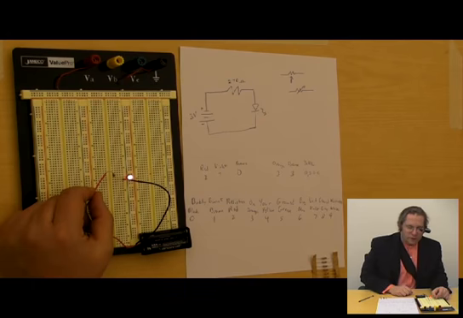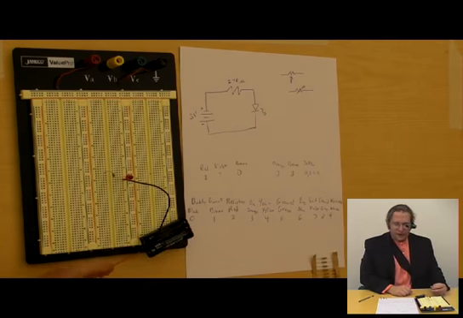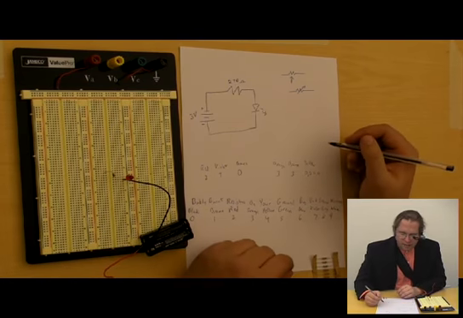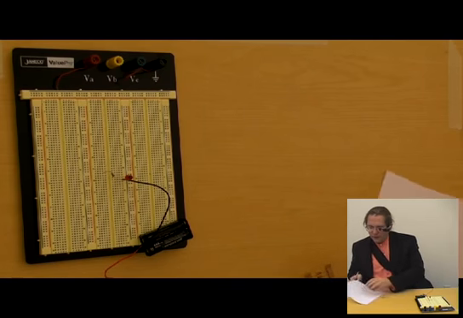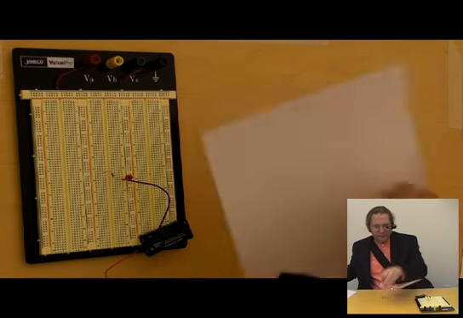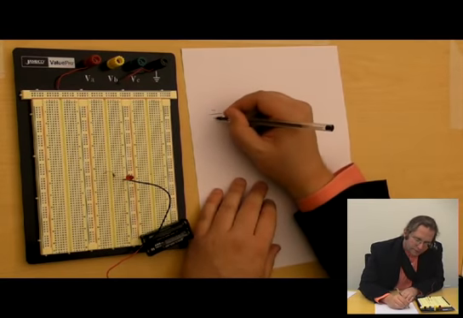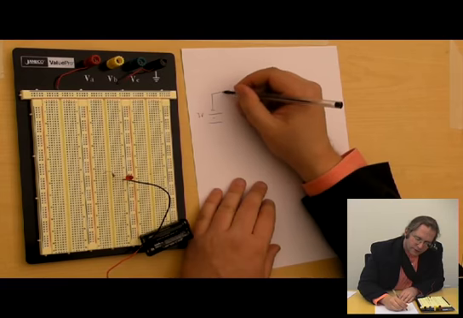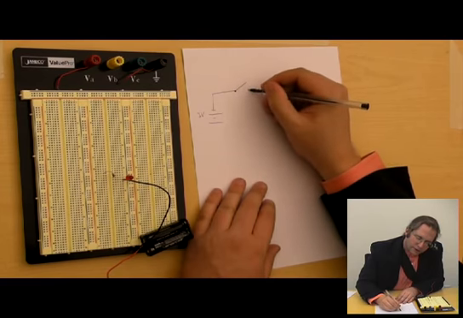I'm going to make this a little bit more complex. Let's take a look at adding a switch. On a schematic, a switch is a relatively simple thing. Start with my battery again, which I'll label as 3 volts. I have one terminal, and I have a line segment that's open.